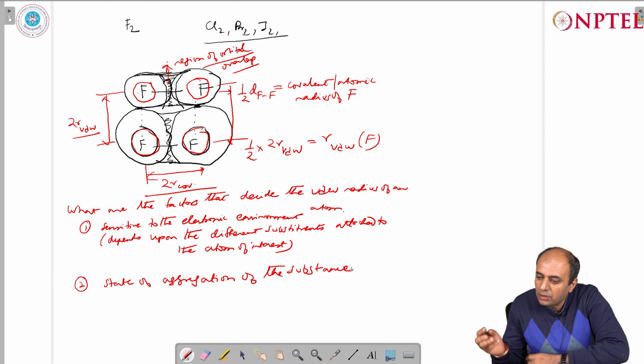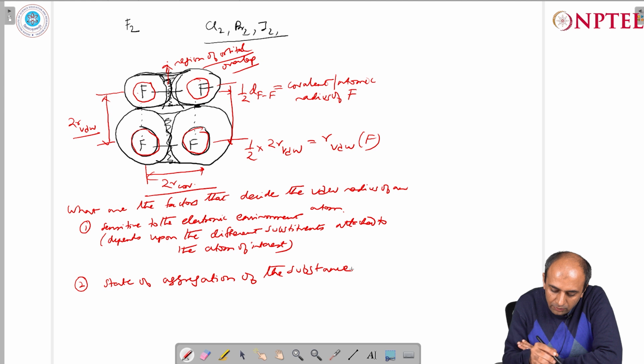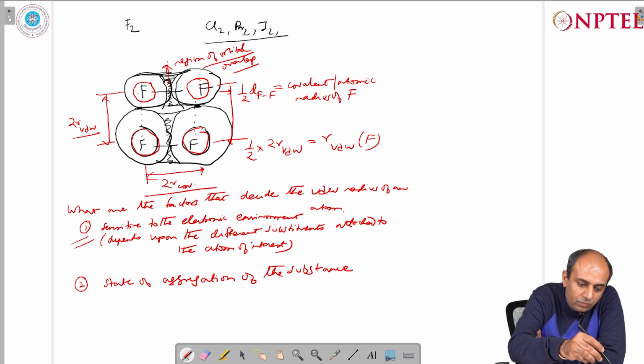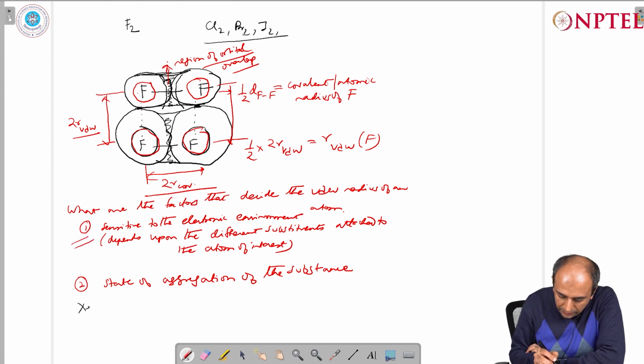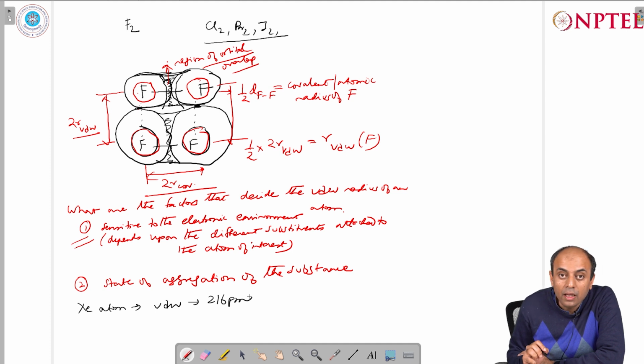We can look at some examples. So to start with, for the first case, let us look at xenon atom. The van der Waals radius of xenon atom is 216 picometer. But now if you consider xenon in XeF4, then the van der Waals radius drops to 170 picometer.